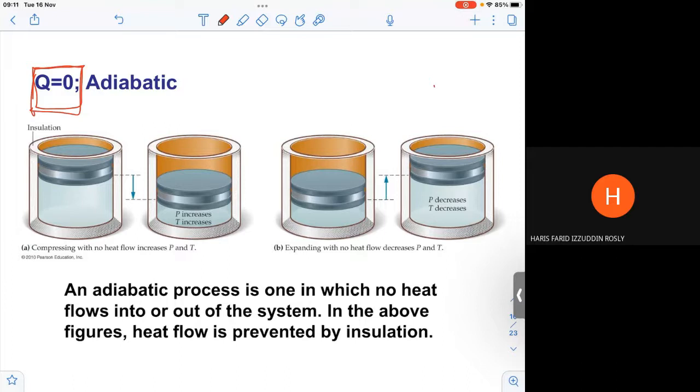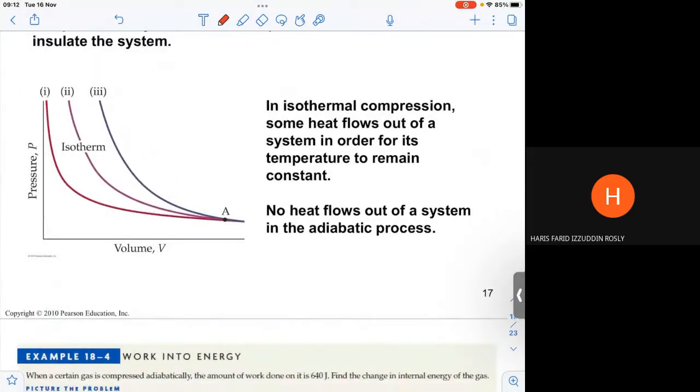How do we see the adiabatic process in the PV graph? Look, it's almost the same as the isothermal, but it's steeper. Okay, it's steeper, right? The purple color here is the isothermal. So where is our adiabatic process?